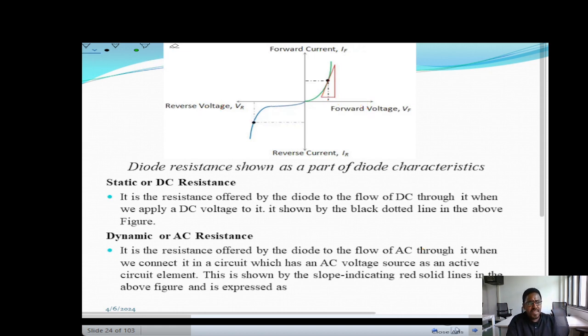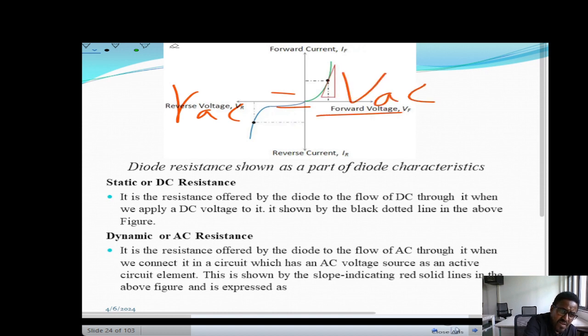Like static, we can express it mathematically for dynamic or AC resistance. So RAC is equal to voltage AC over current AC. This is the mathematical expression for dynamic or AC resistance.